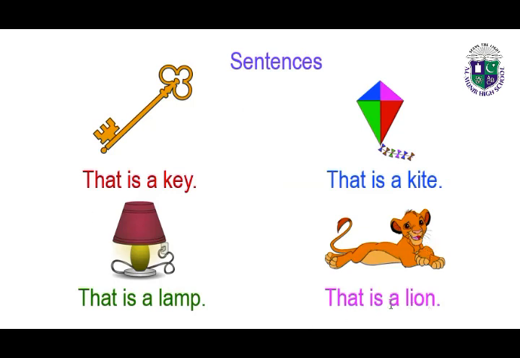You can see in all these four sentences, we use a capital letter at the start, we use a full stop at the end of the sentences, and we use a in all these sentences because all these words are starting with consonants. So we make these sentences like this: That is a key. That is a kite. That is a lamp. That is a lion.